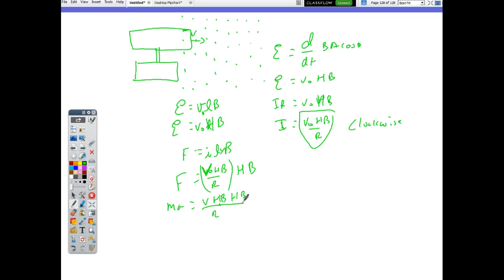You guys remember how to do this? We just started playing with this recently. Acceleration is dv/dt, equals H squared B squared over RV.